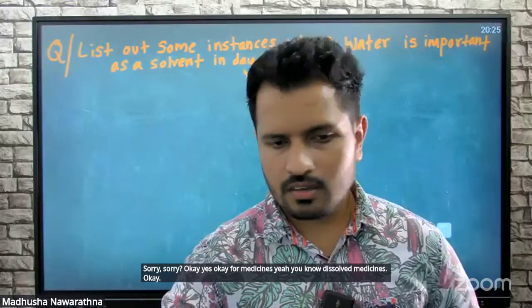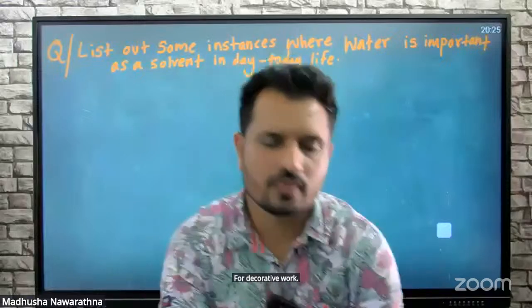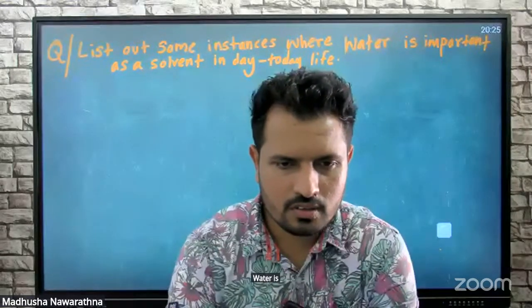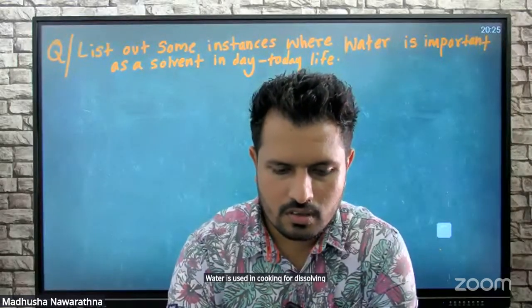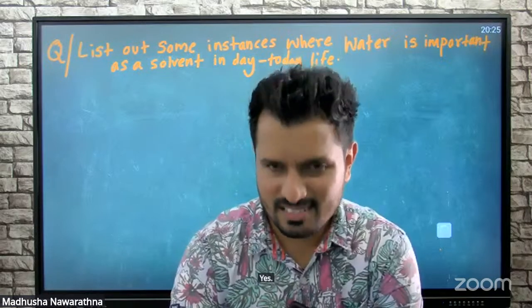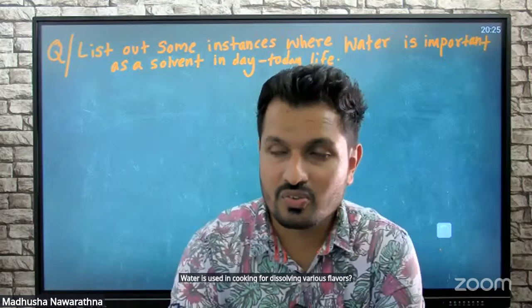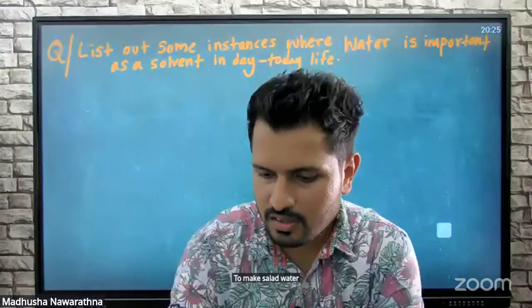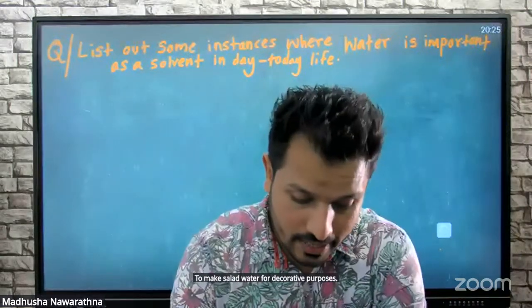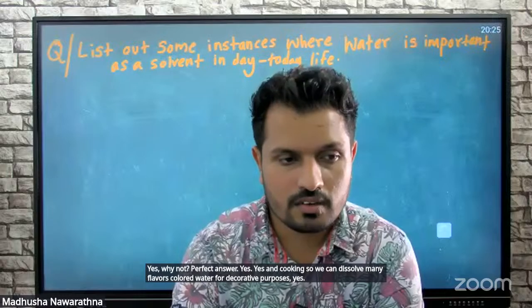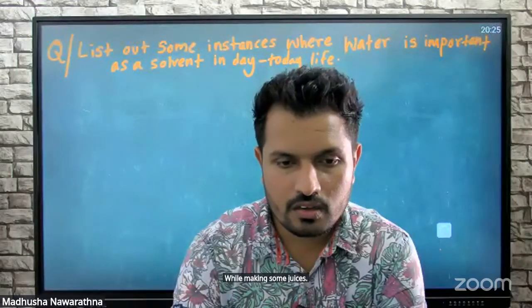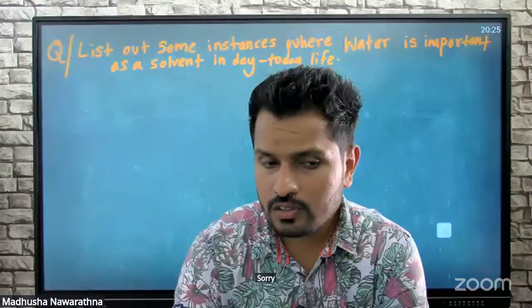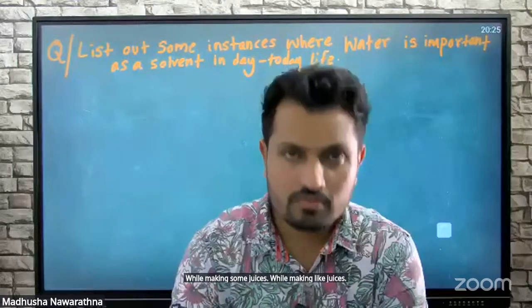For decorative purposes. Water is used in cooking for dissolving various flavors. Yes, why not? Perfect answer. In cooking we can dissolve many flavors. Colored water for decorative purposes, yes. While making juices, why not?